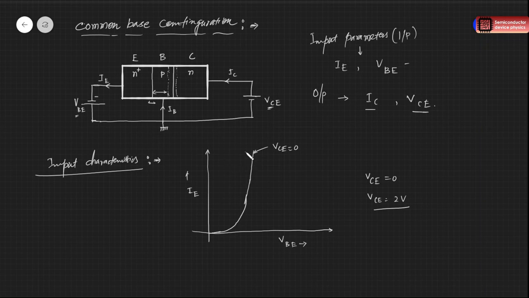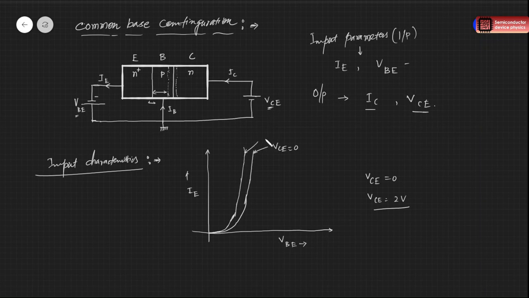So the curve again has this knee voltage, like a forward bias diode, but now the base width is less, so the electron concentration gradient is more. So the emitter current will increase a little more sharply.